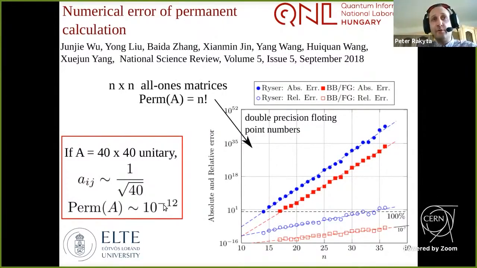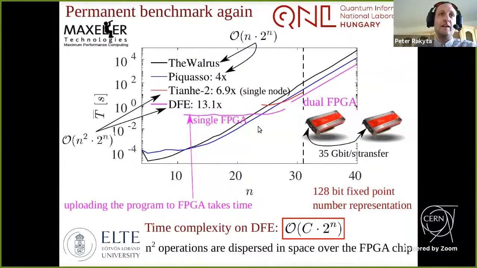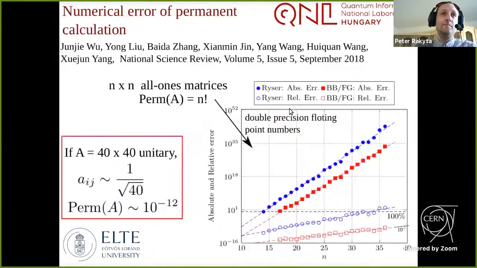Okay, for this calculation, double precision is not enough. You need long, extended precision on CPU or GPU, and in our implementation we have that precision.